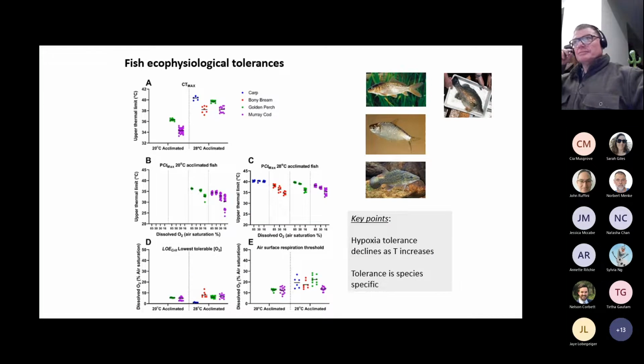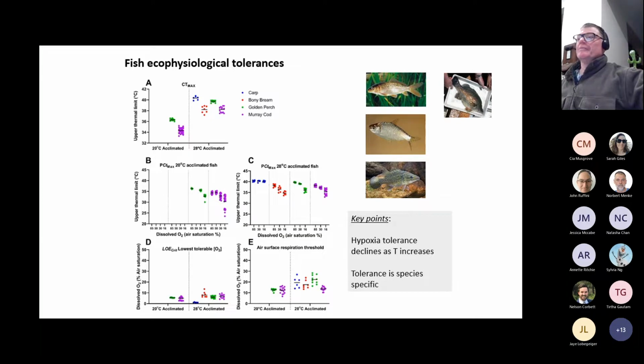So the next thing we did was collect fish out in the field and take them back to University of Queensland. And they looked at hypoxia tolerance trials and temperature tolerance trials for these species. The key findings from this were that the tolerance to hypoxia is directly related to temperature.